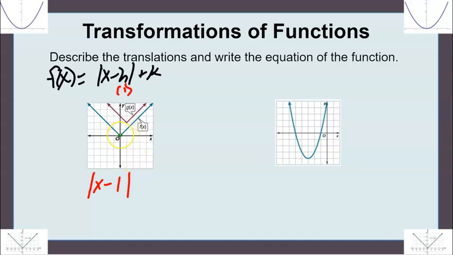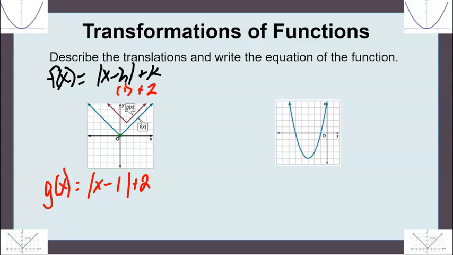And then not only did it go to the right 1, but it went up 2 steps. So our k is a plus 2. So now, if I put a plus 2 in my equation, g of x would have an equation of the absolute value of x minus 1 plus 2.